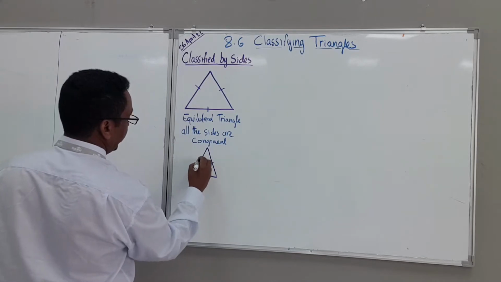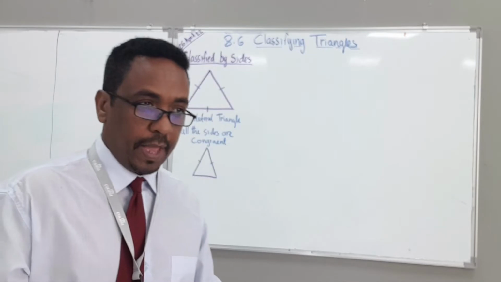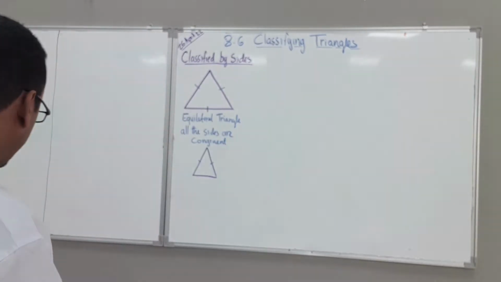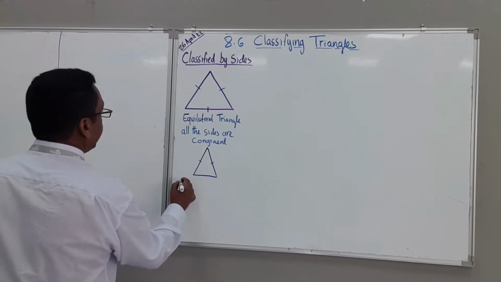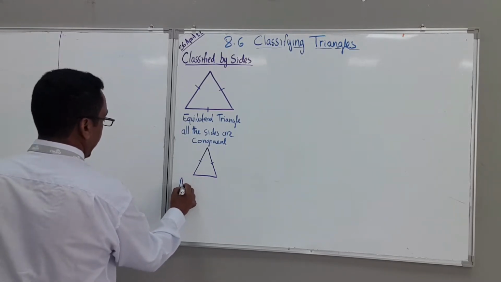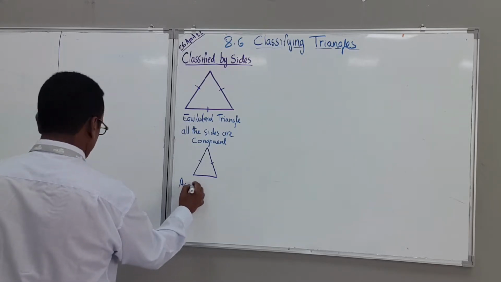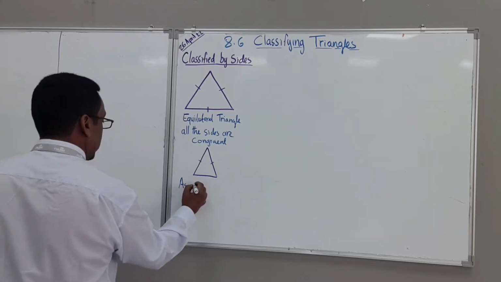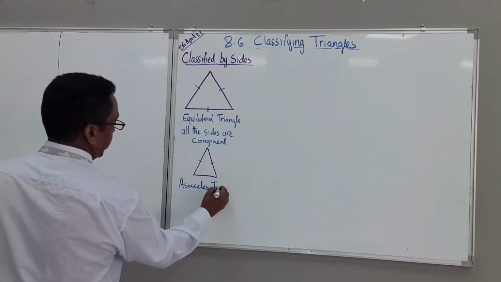This side is equal to this side, and we call this isosceles. You need to memorize how to write isosceles. Isosceles triangle.